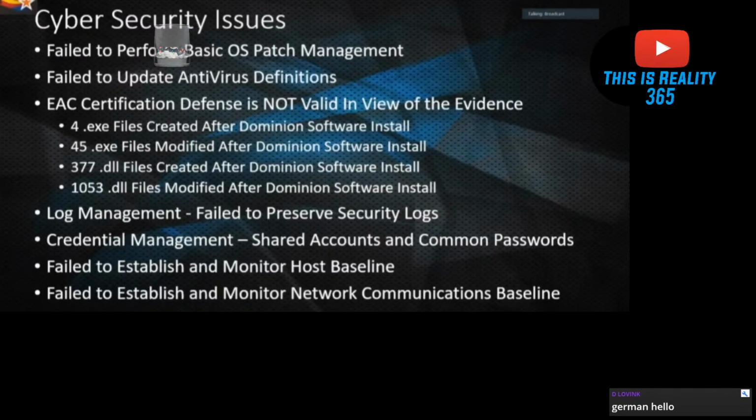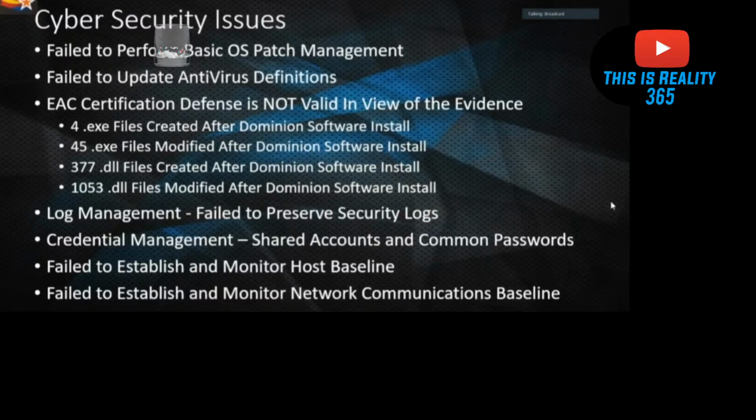We found that that was also the same case with the antivirus definitions. We know, as part of this world that we live in, that people are coming up with new ways to hack a system, to exploit vulnerabilities and get unauthorized access to the systems. And they're doing this continually.